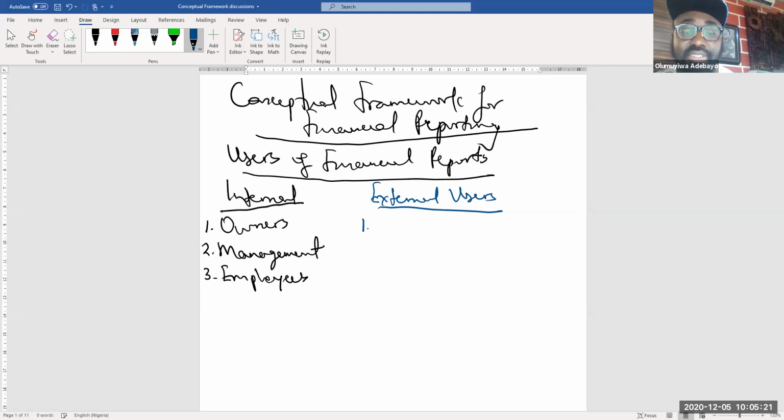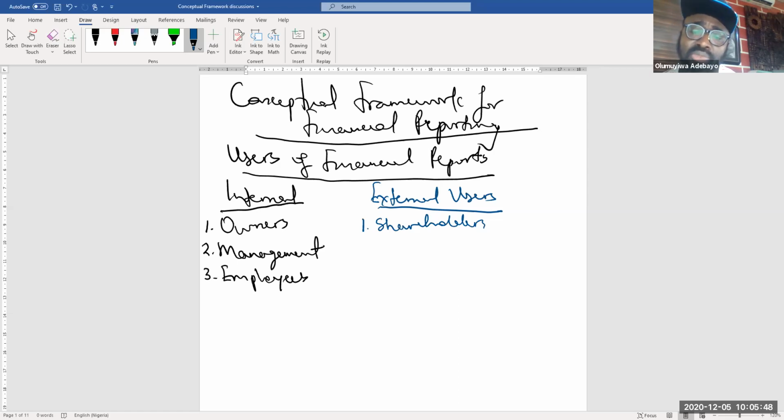The external users start from the shareholders. Somebody might wonder, what's the difference between owners and shareholders? Now, owners is used with respect to privately held companies or businesses where it is owner managed. But for publicly held businesses or for institutionalized businesses, you'll find out that the shareholders are not involved in any way in the affairs of the business.